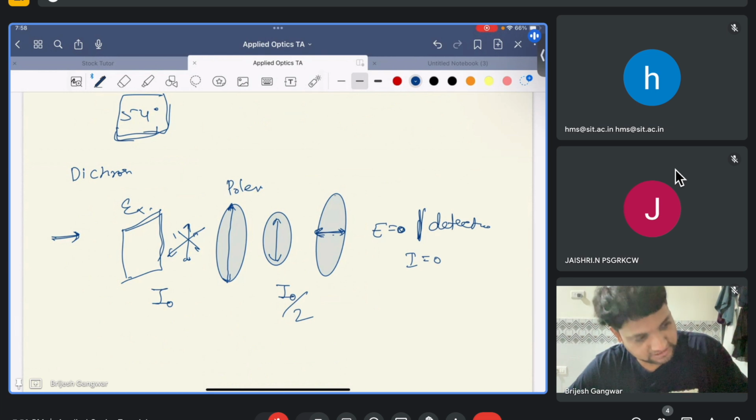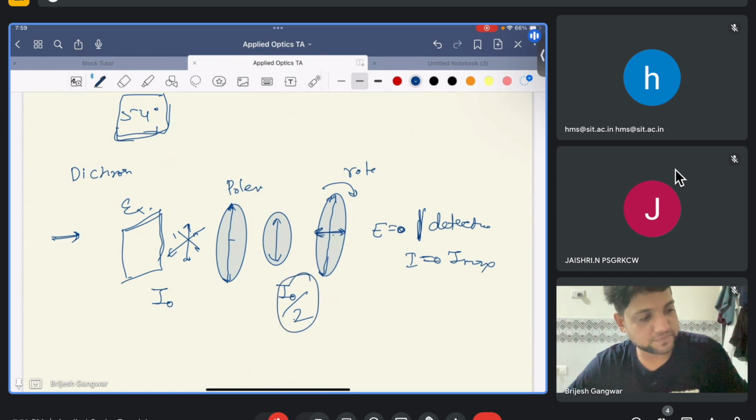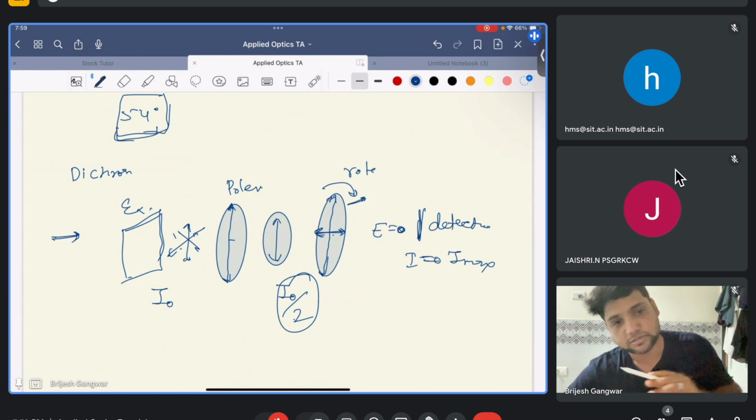If we rotate it in this direction, it is rotatable, and when the axes match, the intensity will be maximum. I max will be equal to I naught by 2, because from unpolarized light to polarized light the intensity comes to half generally, and it will only be half if there is no absorption by this polarizer. Okay, we consider that. Do you get this? This is how we can find experimentally whether light is linearly polarized or not.